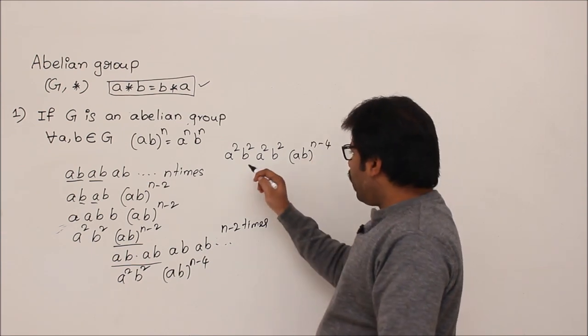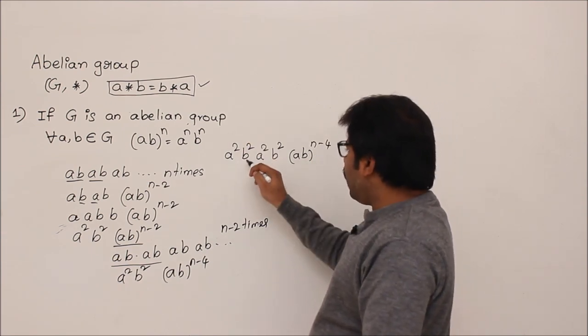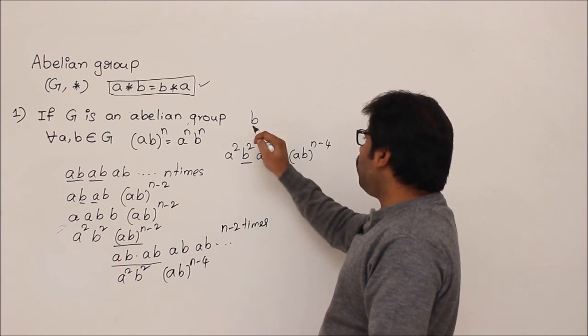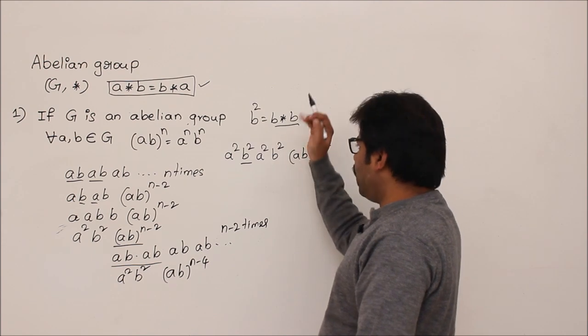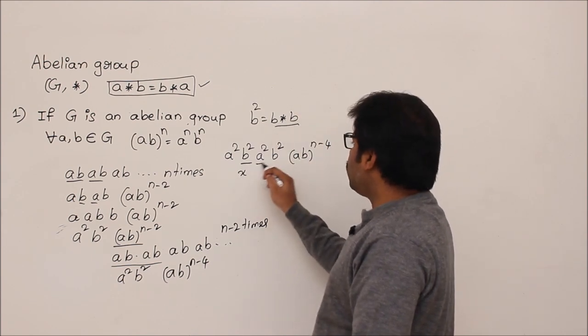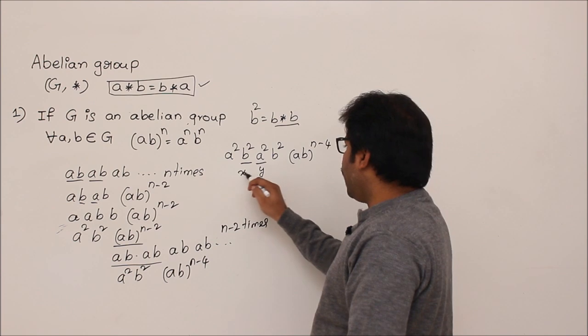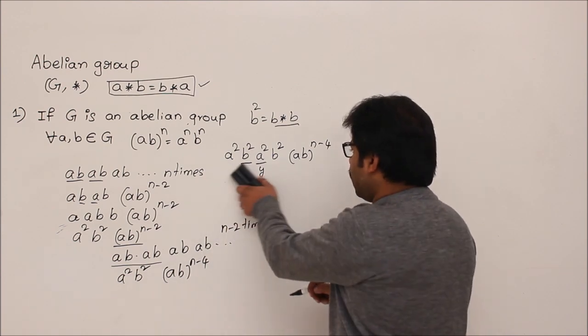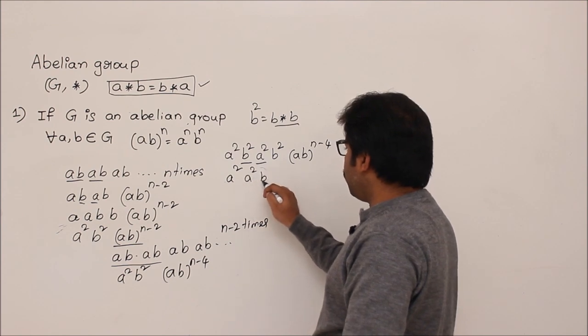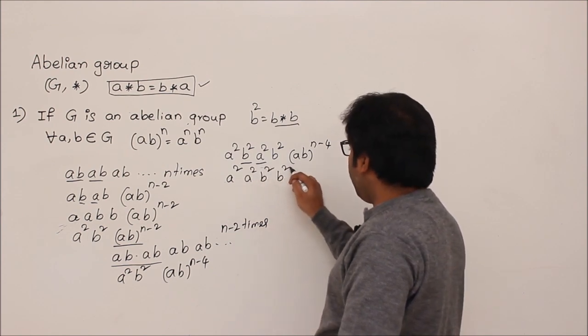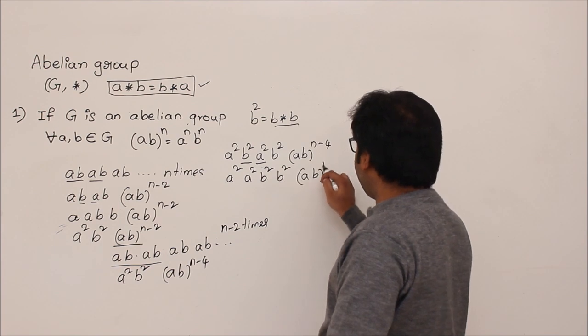Now what we can do is, b square is an element, that's it. Sir, what is b square? b square is nothing but b star b, which is some element, let us say x. a square is another element, let's say y. x star y is nothing but y star x. That's why I can write a square a square, then b square b square, followed by (ab) whole power n minus 4.